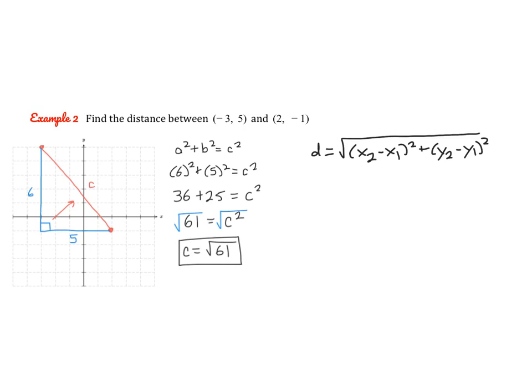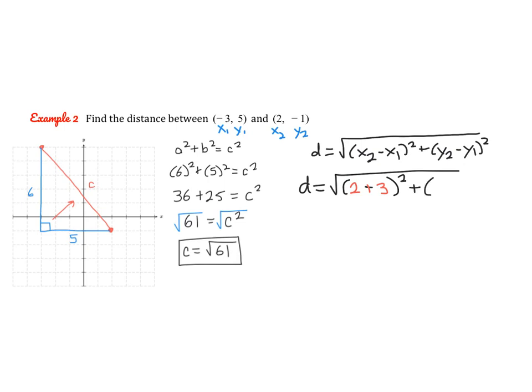And then I can look at my original points, and I'll label it x1, y1, x2, y2, just to make my substitution a little bit easier. So let's make our substitutions here. So x2 is 2, then I have minus x1, which is -3. And since I'm subtracting a negative, I'm going to turn it to +3. And then we square that.